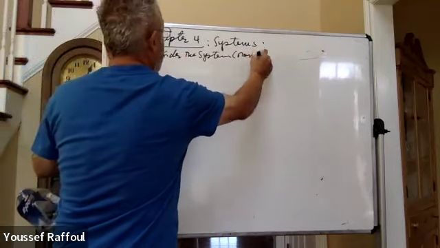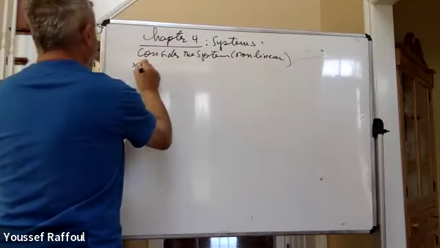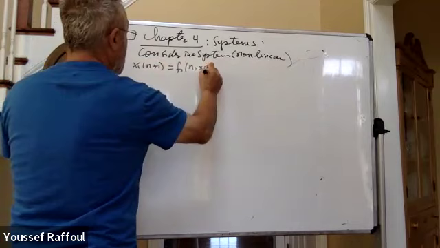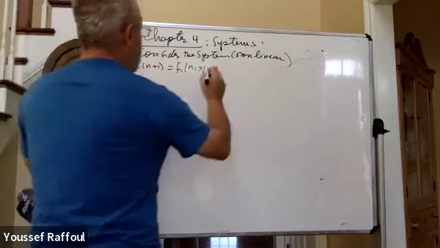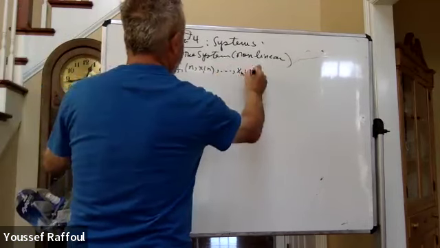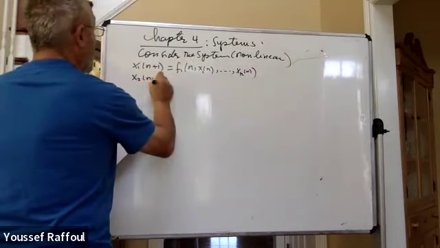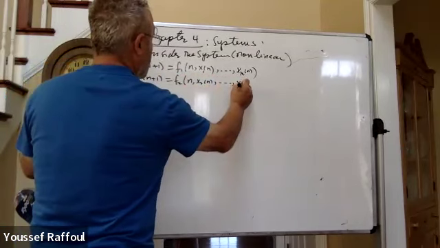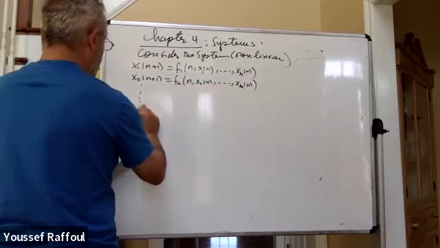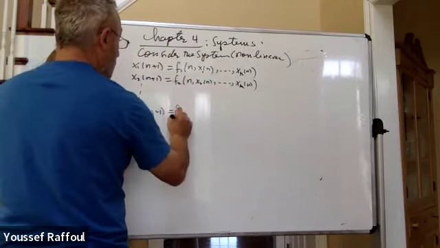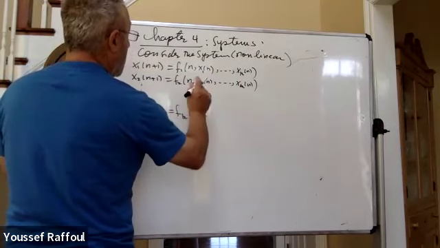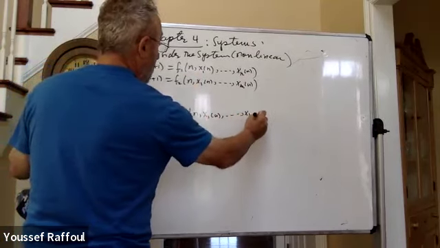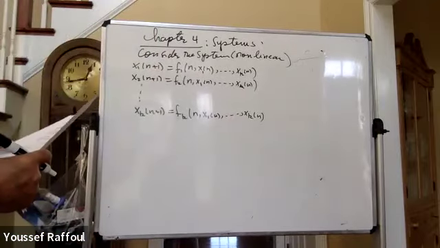It could be nonlinear. x1 of n plus 1 equals f1 of n, x1 of n, all the way to xk of n. x2 of n plus 1 equals f2 of n, x1 of n, all the way to xk of n, and so on until xk of n plus 1 equals fk of n, x1 of n, all the way to xk of n.